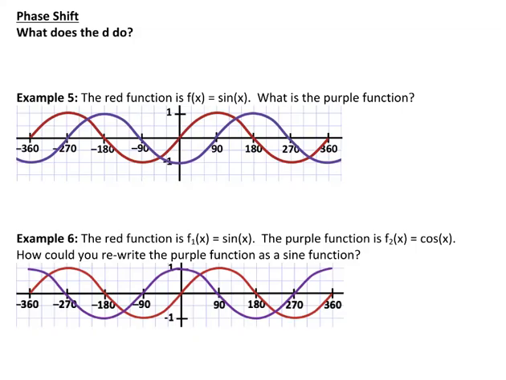All right, the next thing is phase shift. So phase shift is the d value in your equation. And if you remember from our transformations unit, d is a little bit confusing.